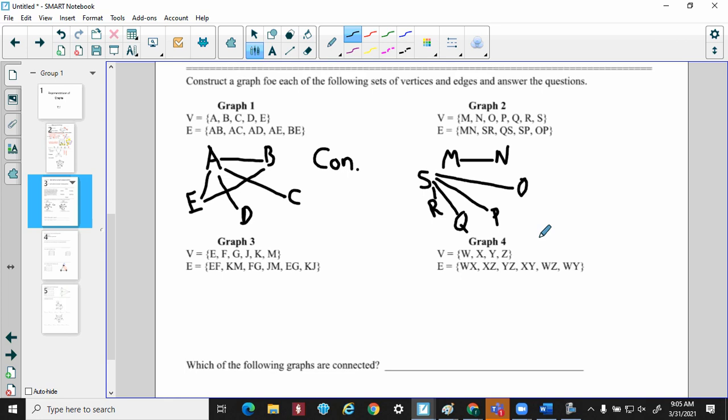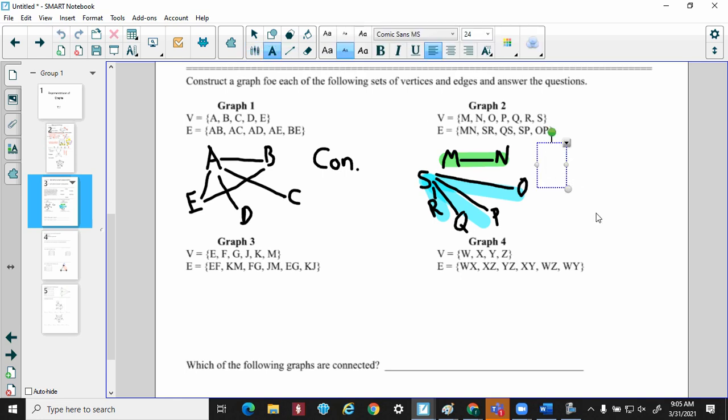So is that connected or is that complete or neither or both? Now notice here, see how MN is kind of like floating all by themselves. M and N, these two vertices, are not connected to all the vertices down here. So you would say that this is not connected.